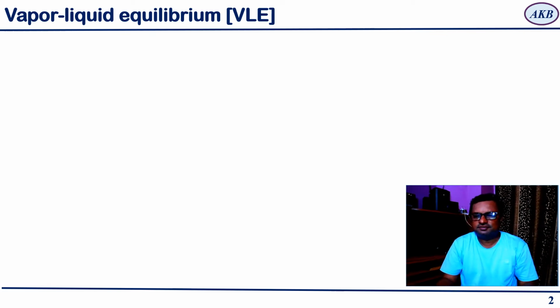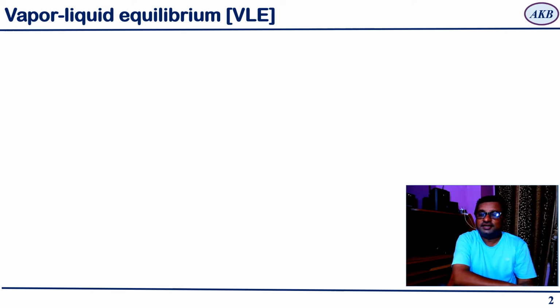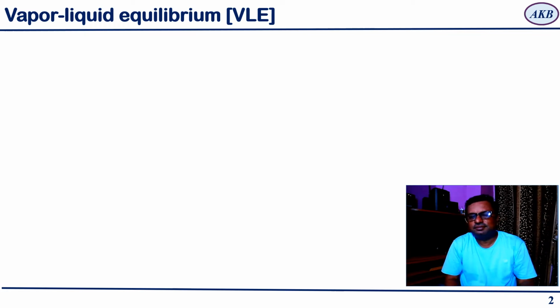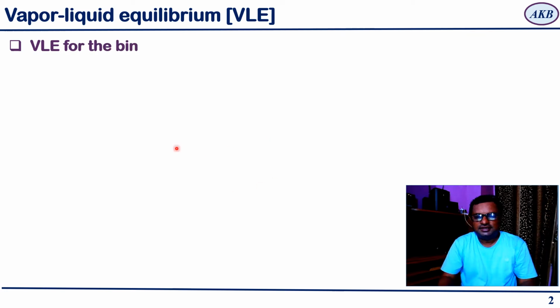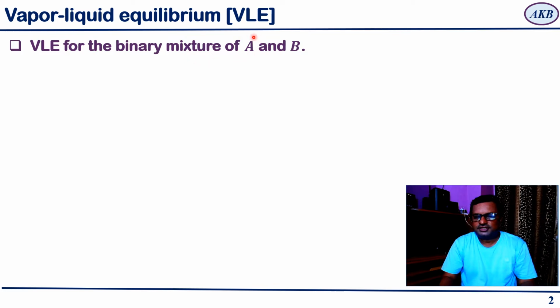In our previous lecture we understood how to represent vapor liquid equilibrium for pure components, and then how to represent it for a binary system. For that we considered a binary mixture of A and B, and out of these two components A is the more volatile component.